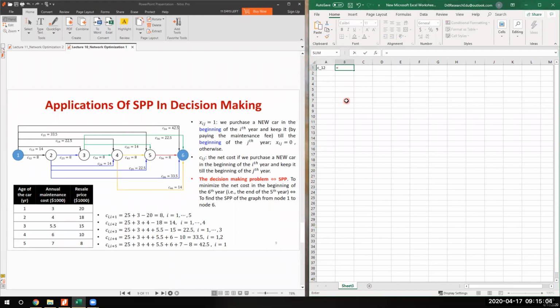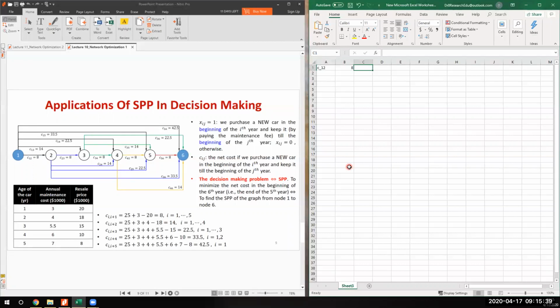So this simply equals 25, which is your cost for purchasing a new car, right? And then because you keep the car for 1 year, your maintenance cost is 3,000, of course. And then by the beginning of the 2nd year, or the end of the 1st year, you're going to sell the car, so minus 20. So you pay 25 plus 3,000, and you get 20,000 back. So in total, your cost is 8,000, right?